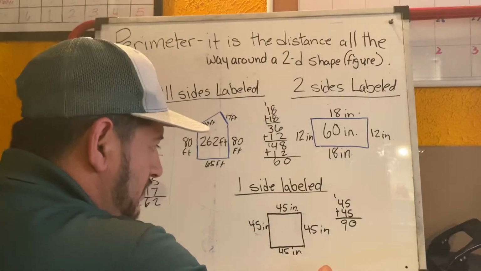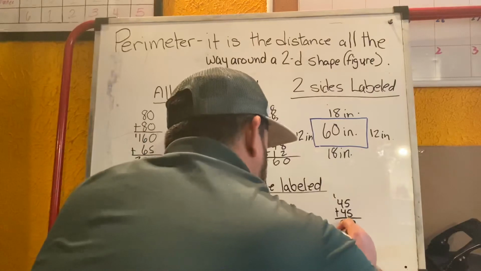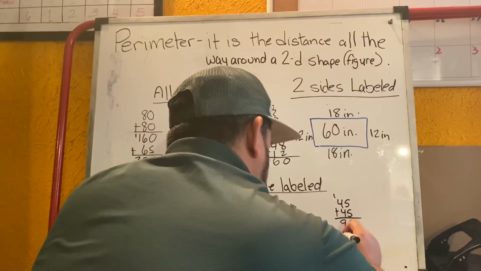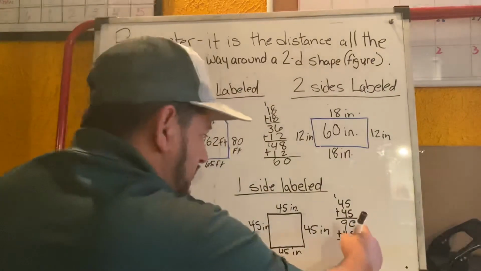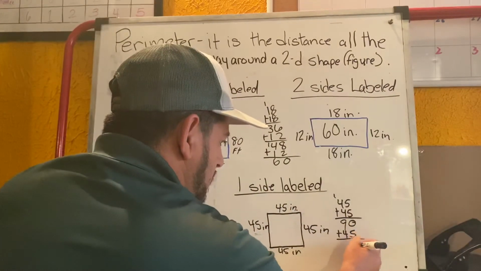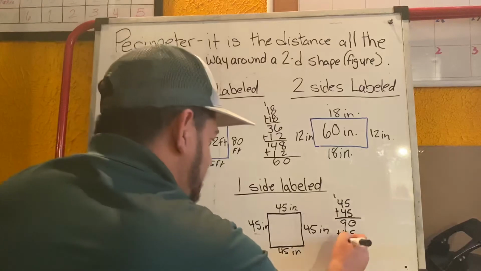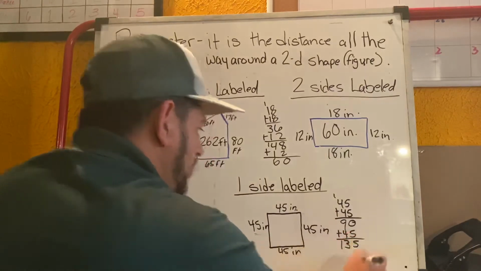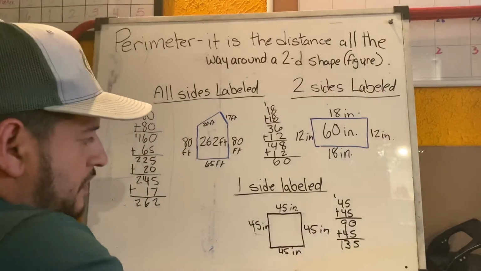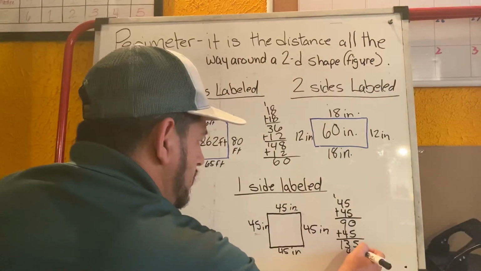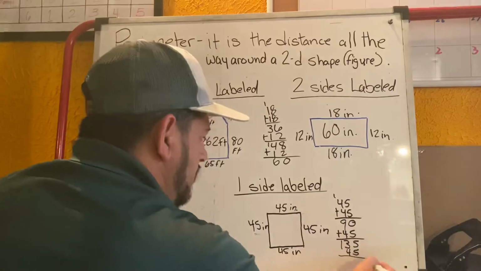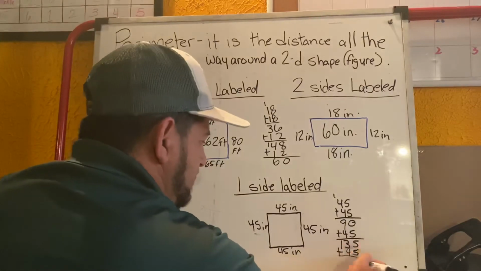Guess what I'm going to do? I'm going to add 45 again. 5 plus 0 is 5. 4 plus 9 is 13. Well, we still have one more 45 that we have to put in there. 5 plus 5 is 10.